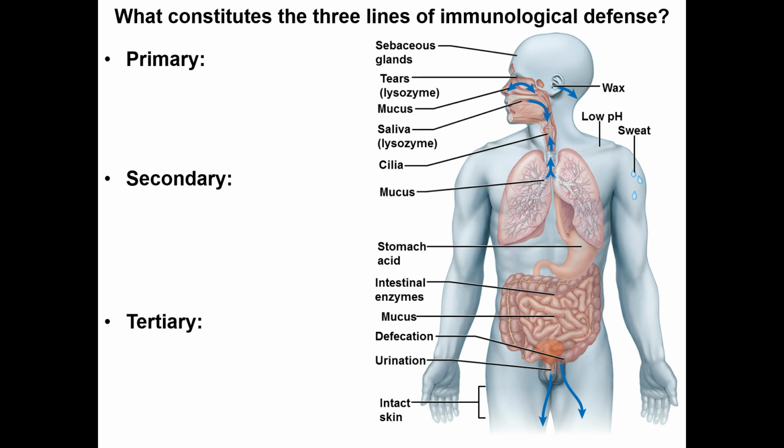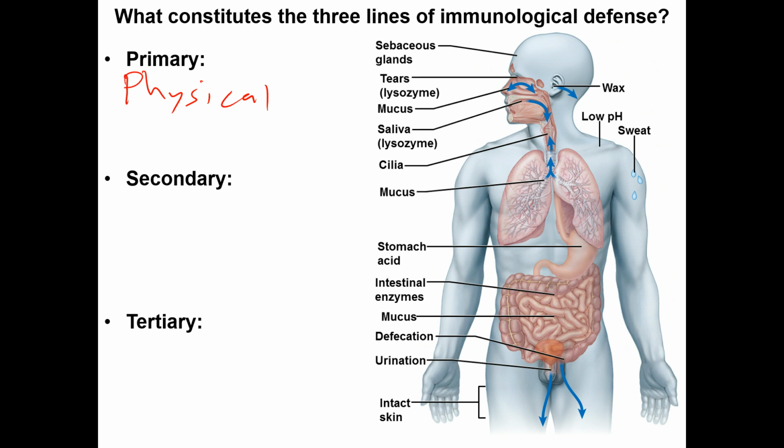Alright, so thinking about immunological barriers. You have primary, secondary, and tertiary barriers. Your primary barriers are going to be, for example, physical barriers.